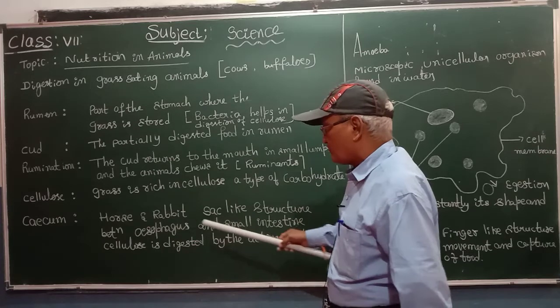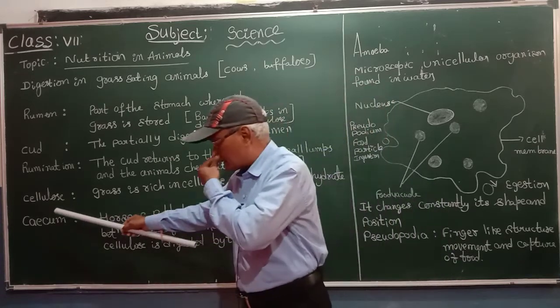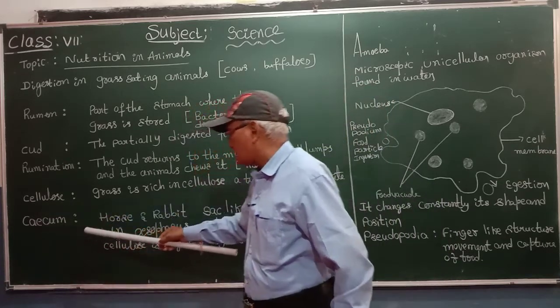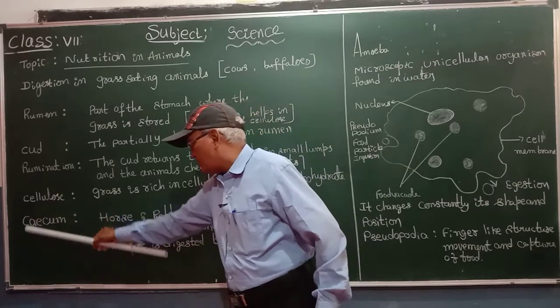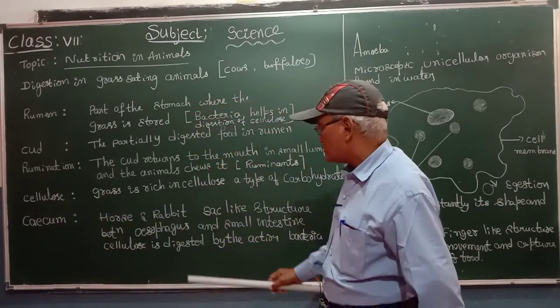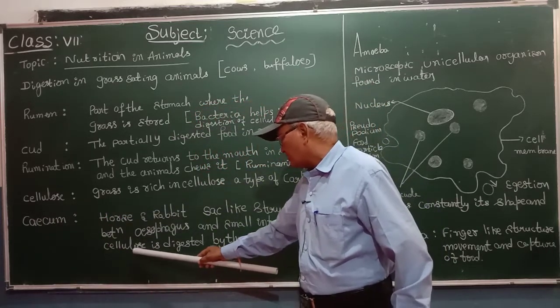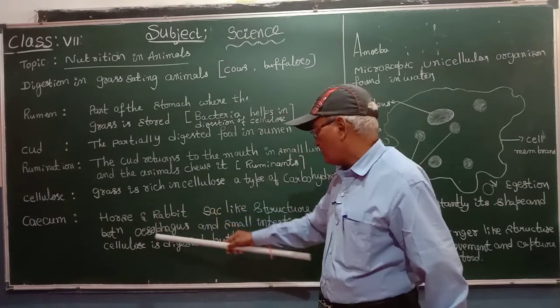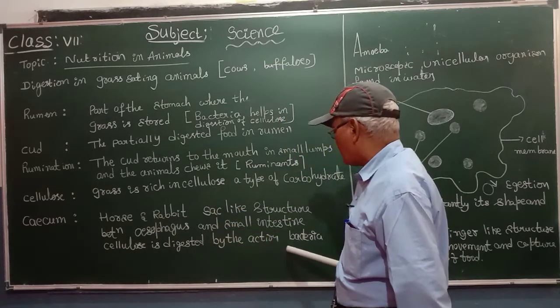That sac-like structure we call the cecum. Cellulose is digested here in the cecum by the action of bacteria.